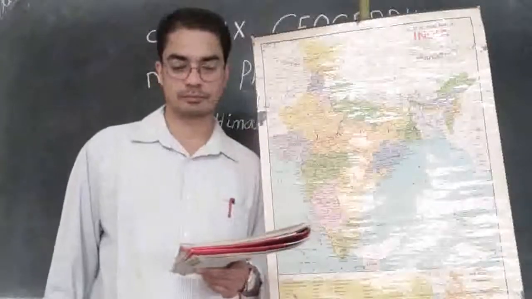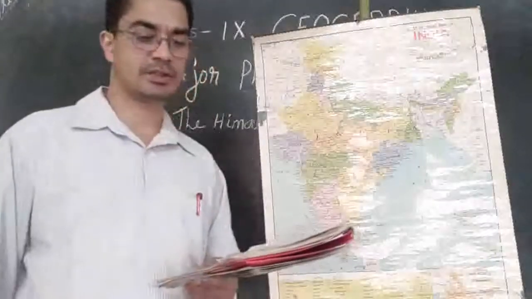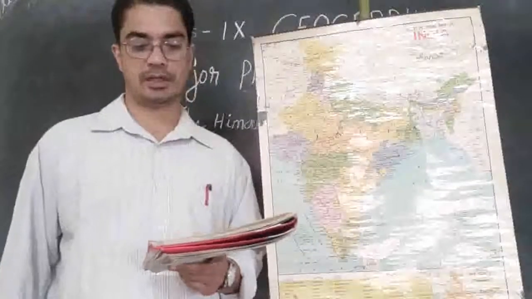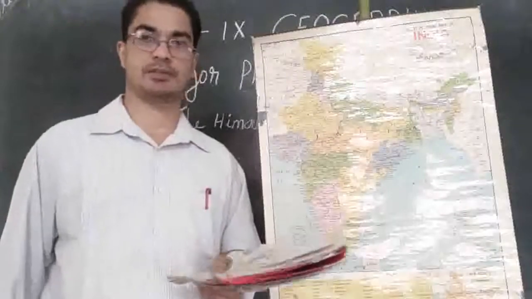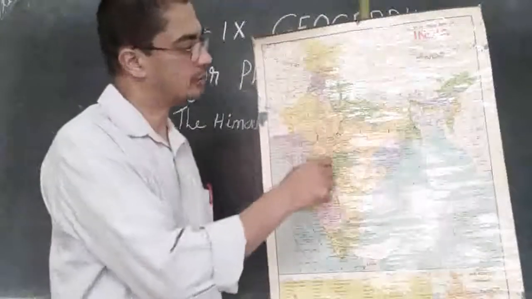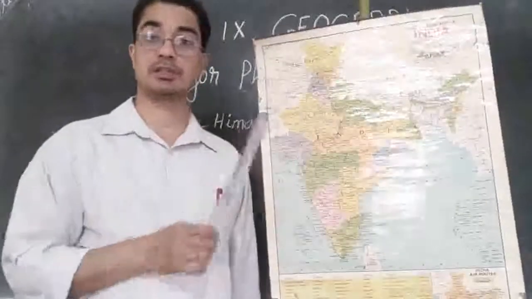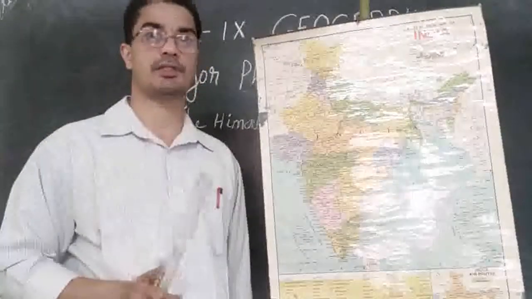And the Himalaya consists of 3 parallel ranges in its longitudinal extent. So when we think about the longitudinal extent of the Himalayas, it consists of 3 ranges.